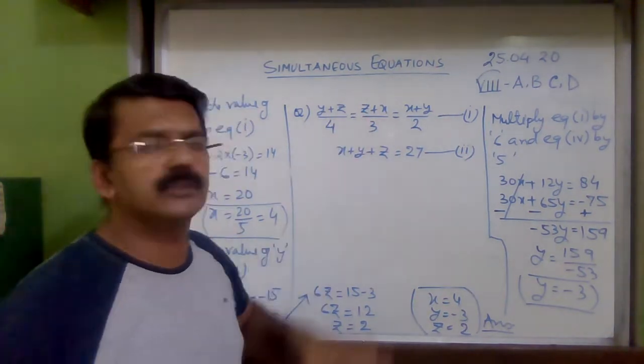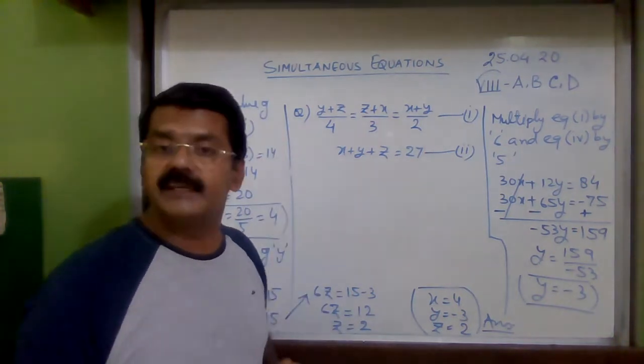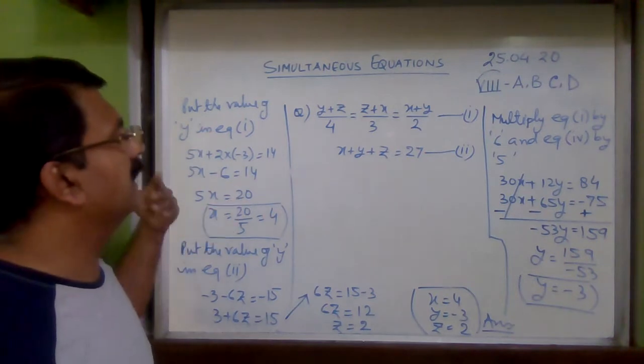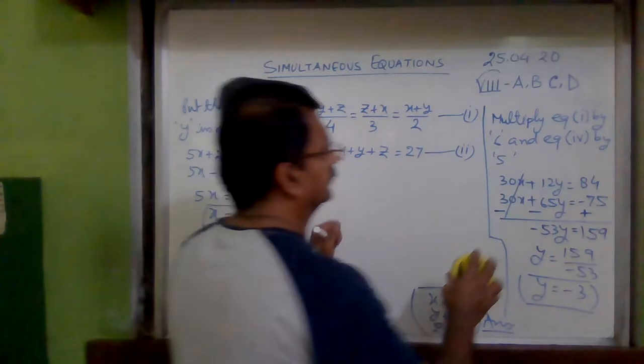So that means in this question also they have given 3 equations, but this is a very interesting question and it can be solved by a different method, interesting method. So all of you pay attention.